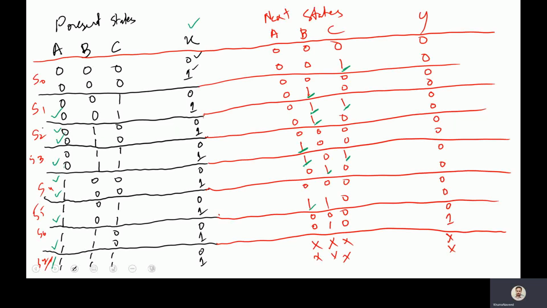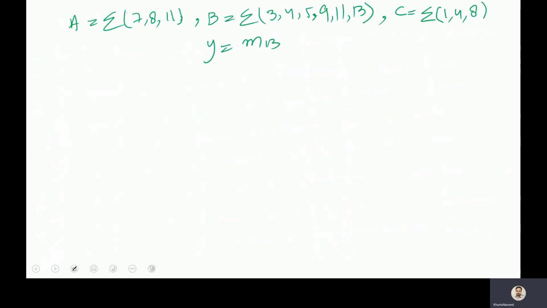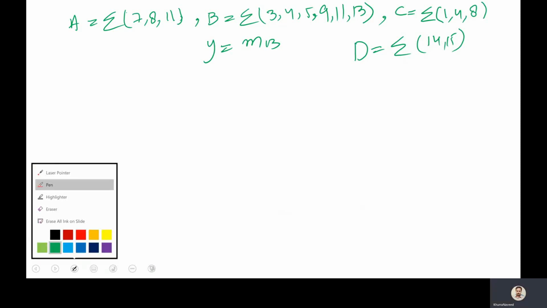And we also have a don't care condition D, and let's say this D is equal to 14 and 15, right?